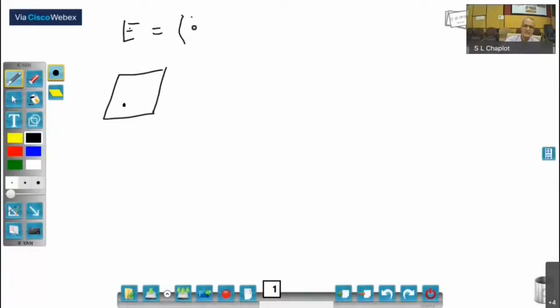So this is represented by a matrix like 1, 1, 1. So no change. Similarly, you can have a two-fold rotation, let's say about the c-axis, so x and y change sign and z doesn't change sign. So an atom which is here under a two-fold rotation about the c-axis will come to this point.